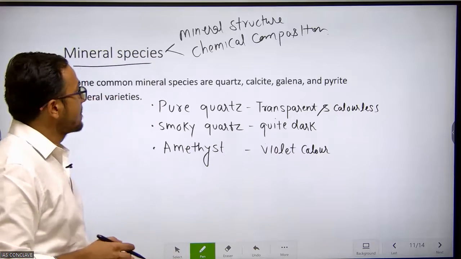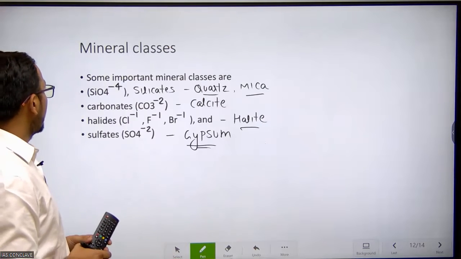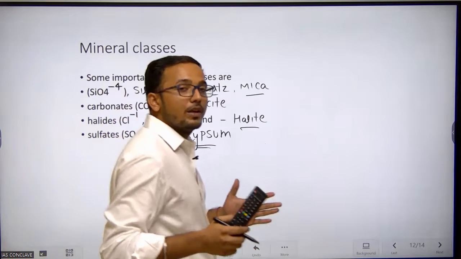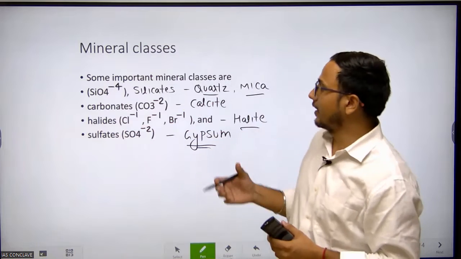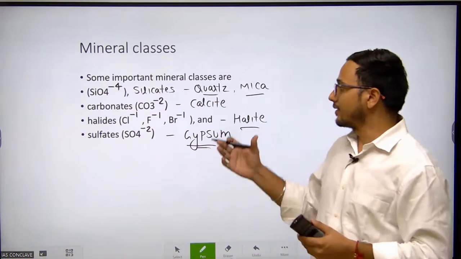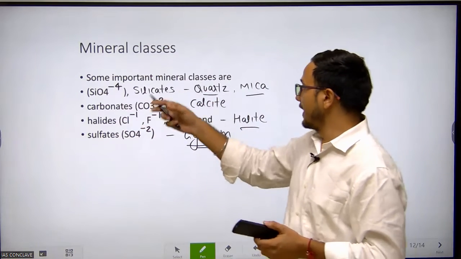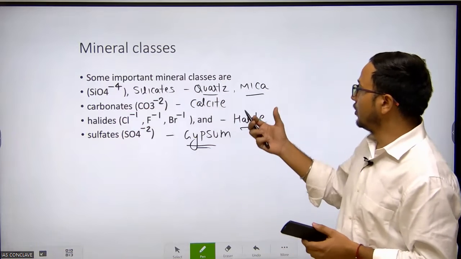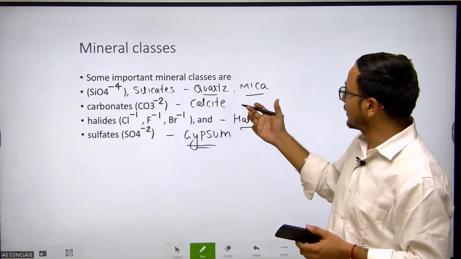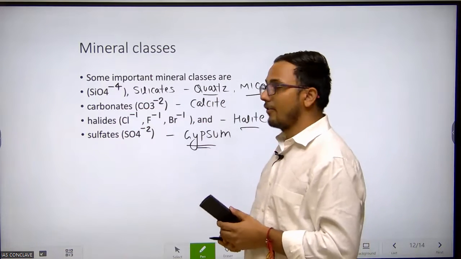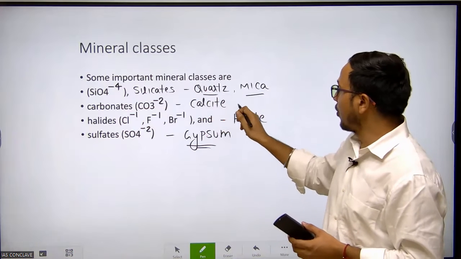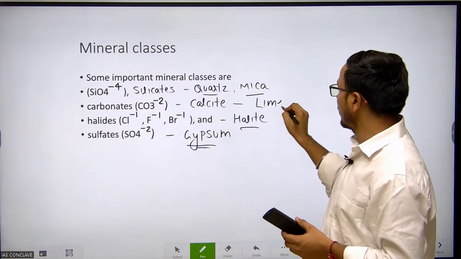Now look at the mineral classes. There are 4 major mineral classes: the silicate class, carbonate, halide, and sulfate class. We already have examples of these. In silicates, you have heard about quartz and mica. In carbonates, you have heard about calcite, which forms limestone rock.